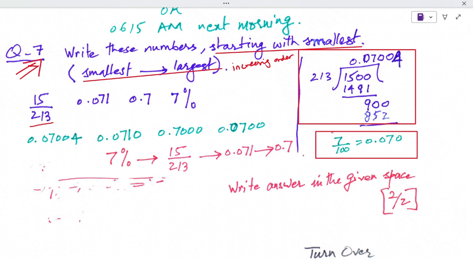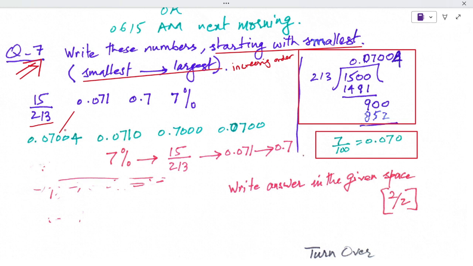0.0700. Now we have to compare, and we see that 15/213 came out to be 0.07004. And then 7% came out to be 0.0700.